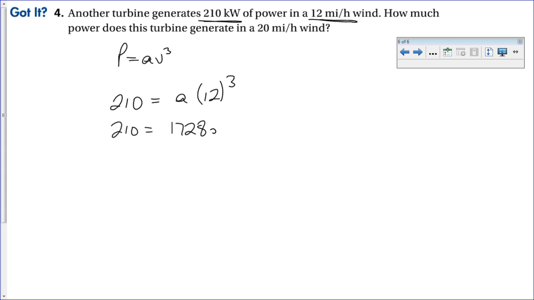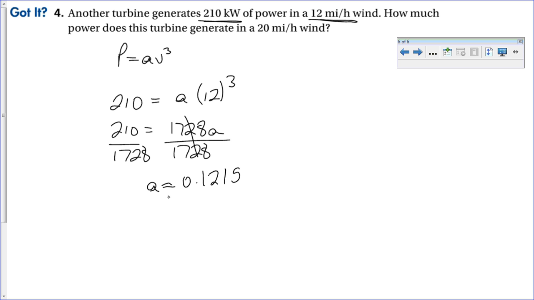And then of course, bring down your A. Divide by 1728. So A is approximately 0.1215. Okay.